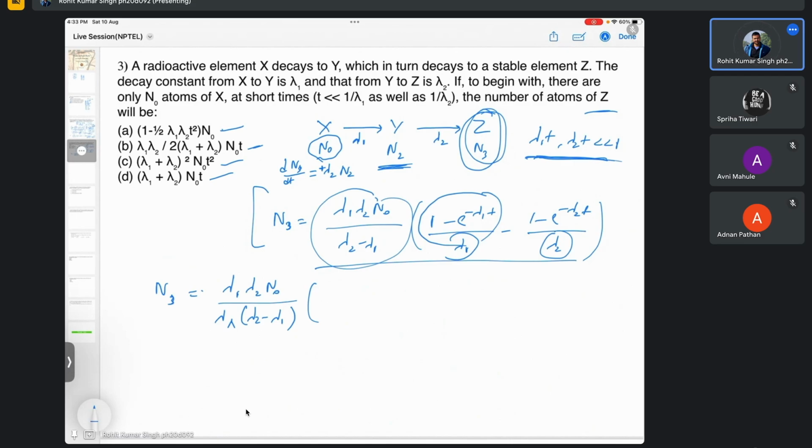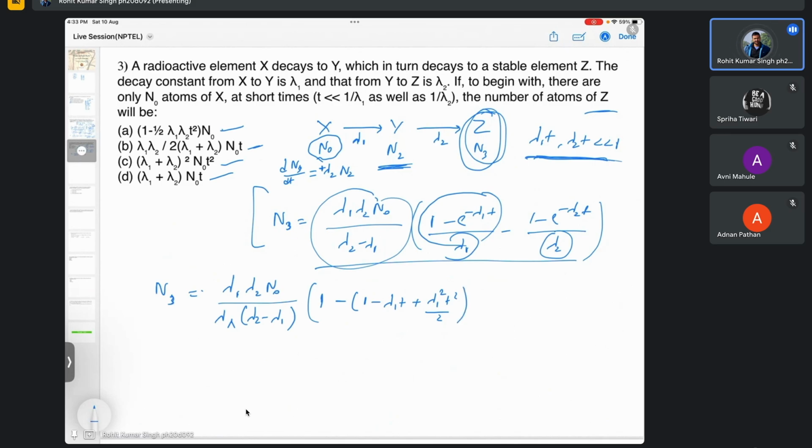Okay, so here we'll have 1 minus, 1 minus lambda 1 t plus lambda 1 square t square by 2.